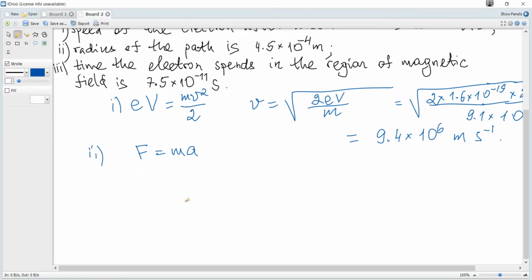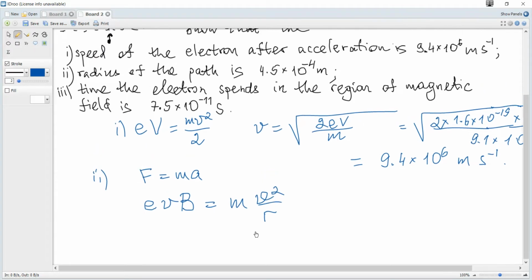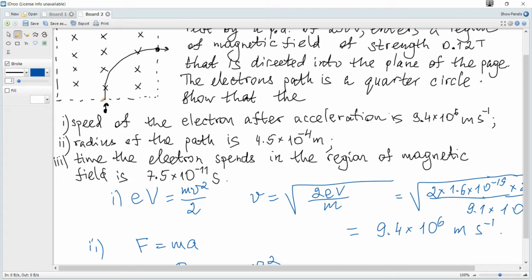It's the force that acts on a moving charge in a magnetic field. It's also called the Lorentz force, and it is equal to charge times speed times magnetic field strength, and it's the centripetal force. And acceleration is v squared over radius, since it's motion in a circle.